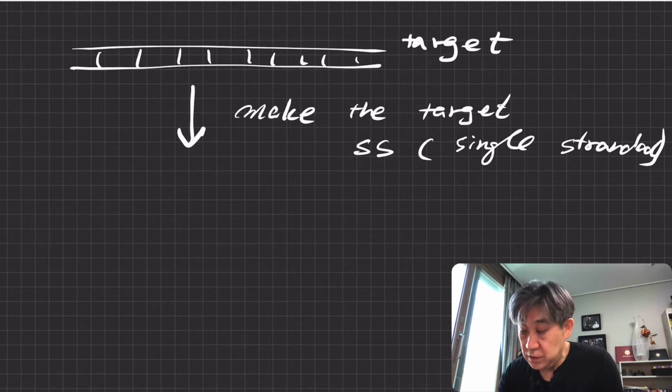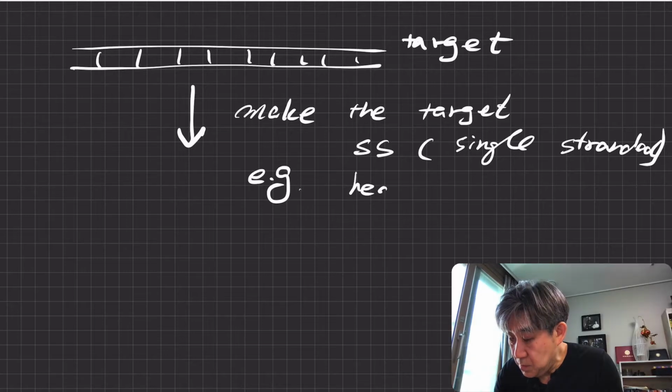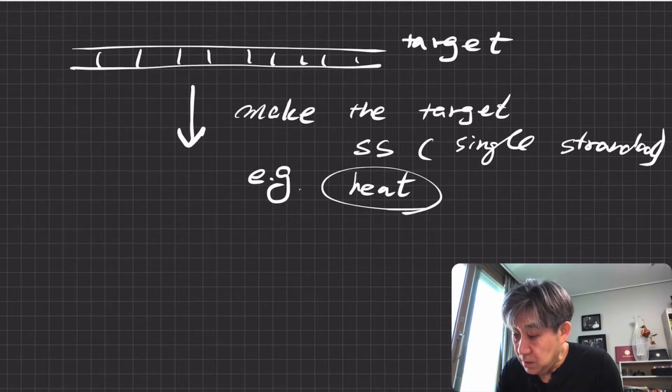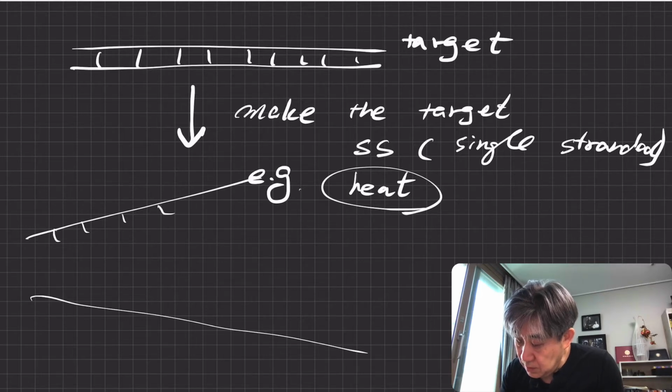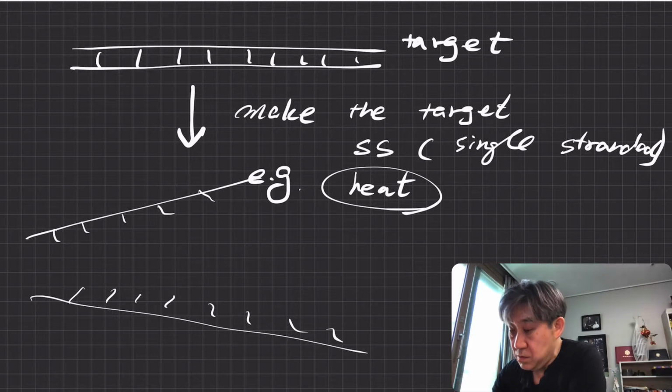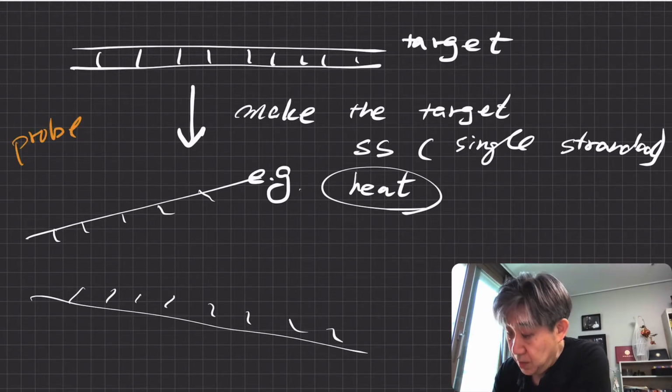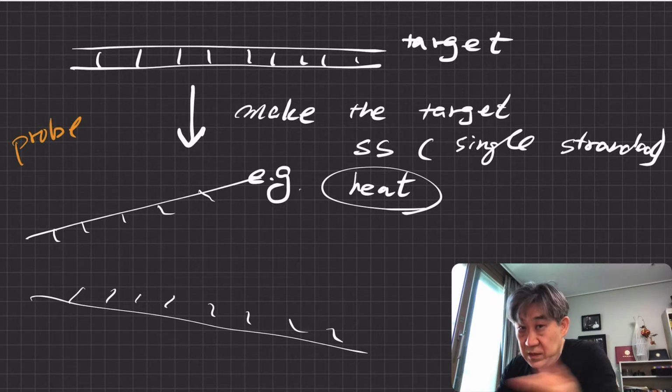The way you do it is by, for example, heating them. If you apply heat, then your target DNA will become single stranded like that. Then you apply your probe. And the probe doesn't have to be the same length.